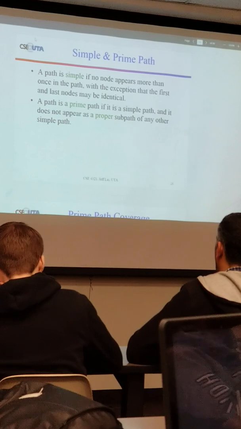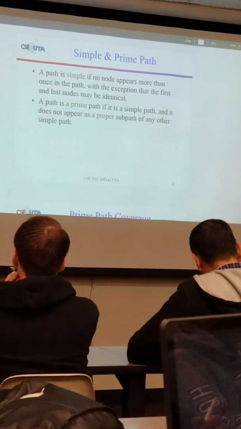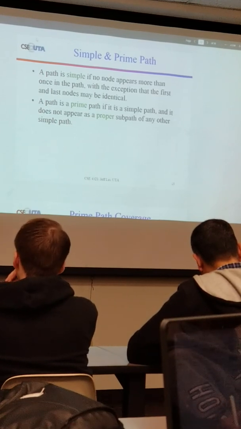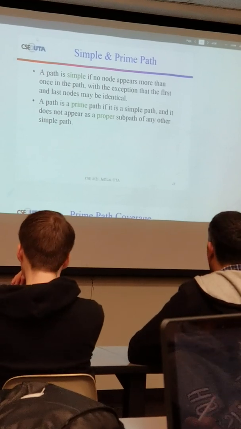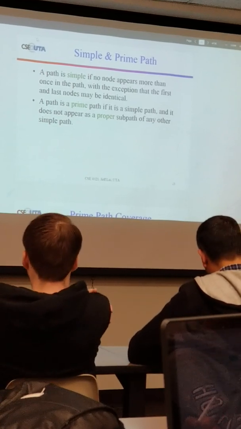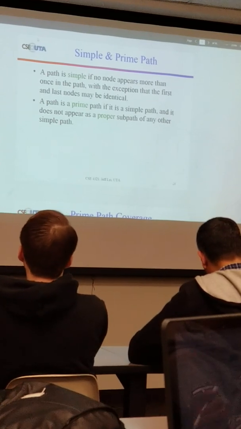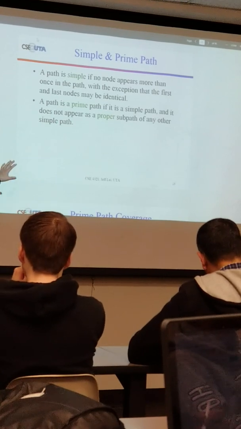The prime path has to be a simple path. The second requirement is that it has to be maximum. You cannot find another simple path that properly contains it. When I say properly contains, it means it cannot be the same. It has to have one more node in the path that contains this path.